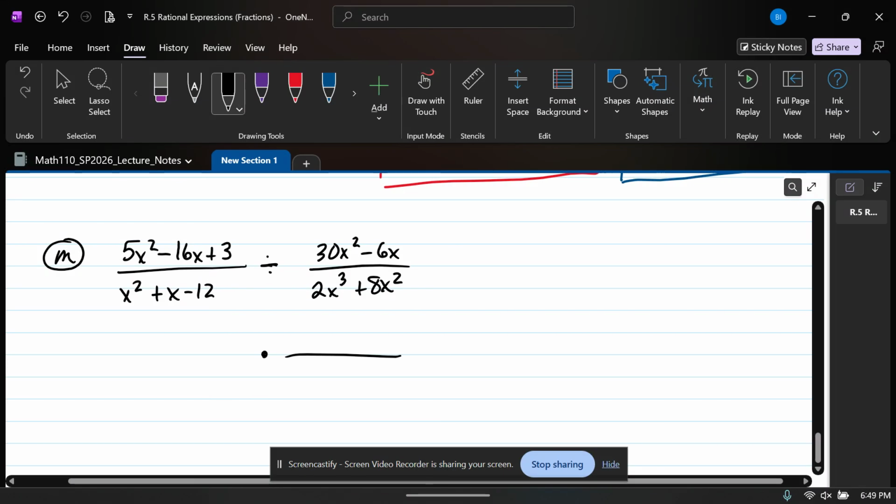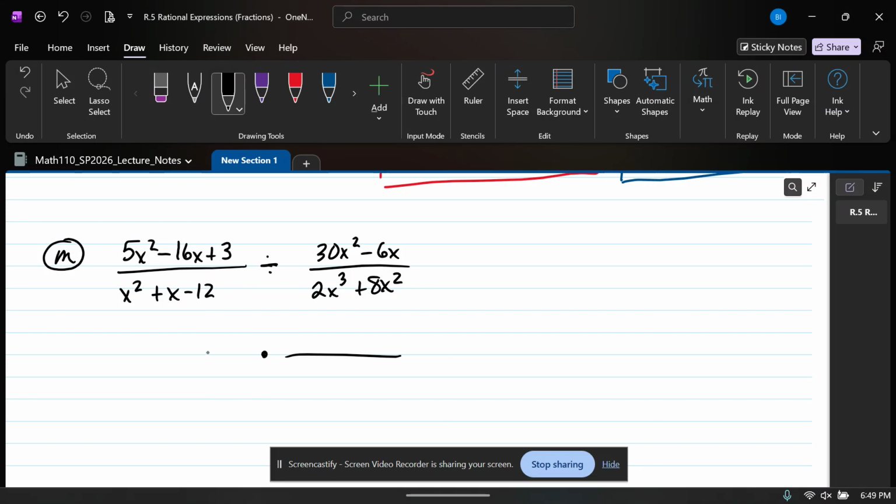I'm going to do a little factoring as I keep, change, flip. Oop, I didn't flip it.